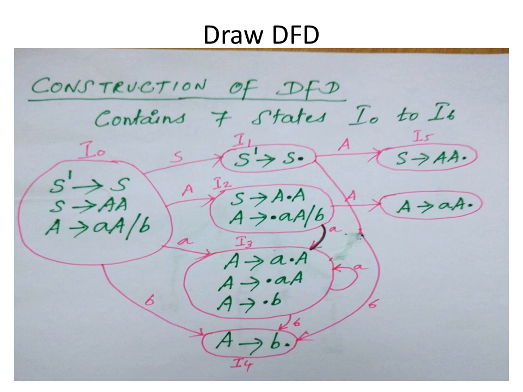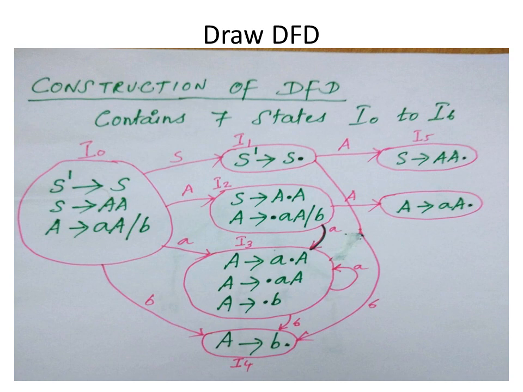If it takes small a as input, then in the production we need to place the dot after small a. So if you place the dot after small a, then the production will become A implies small a dot capital A. So that production is present in the I3 state.